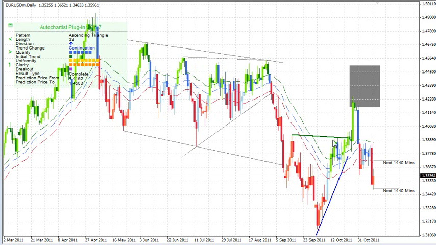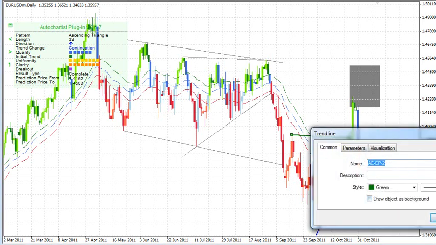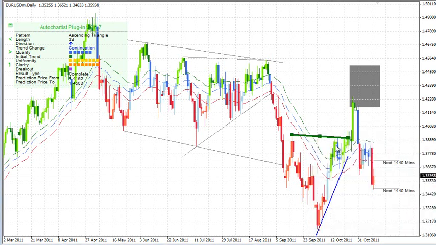They require some touch points from which a line is drawn, where we would expect some sort of reaction to take place. What happens if we break higher through this resistance level right here? Let's bold this up for a moment. What is our expectation for price action if it breaks up higher through this level?